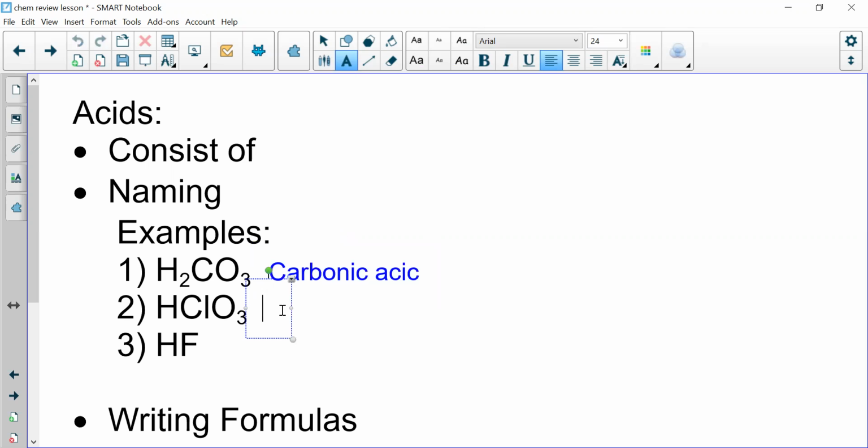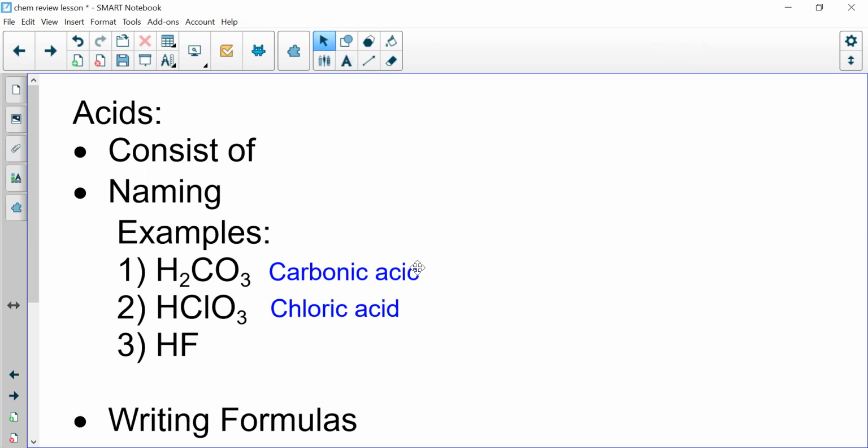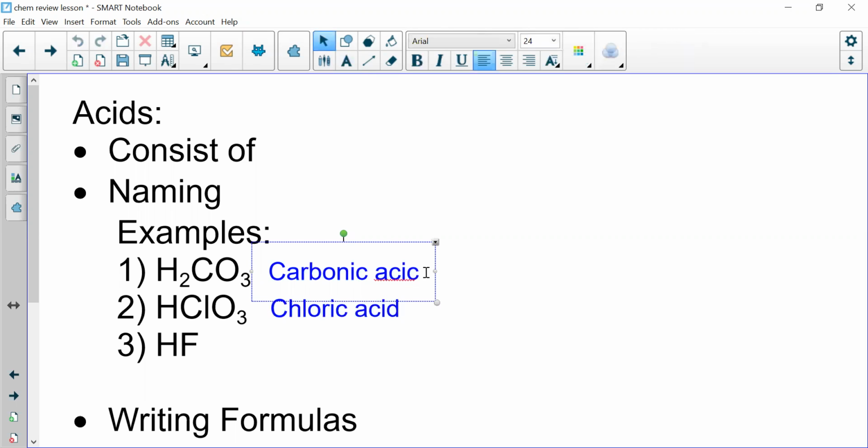How about HClO3? What's this one? It's chloric acid. ClO3 is chlorate. So that's chloric acid.